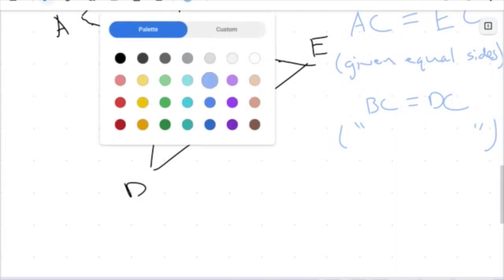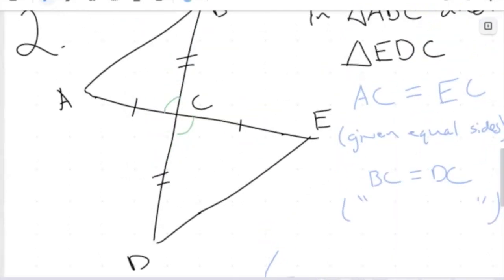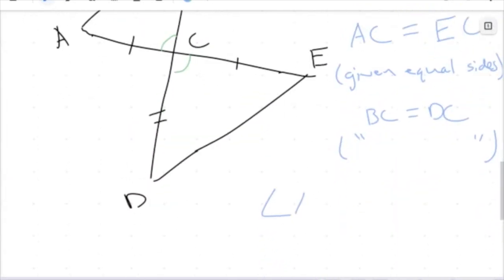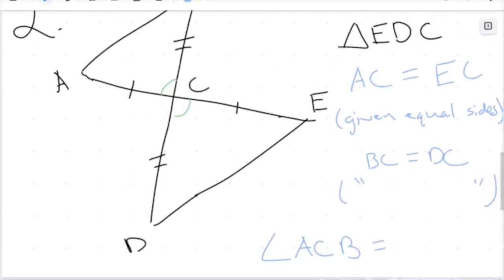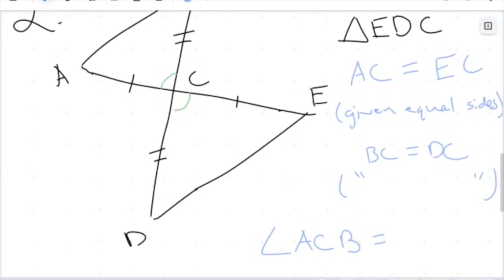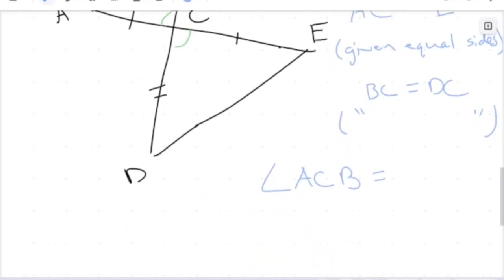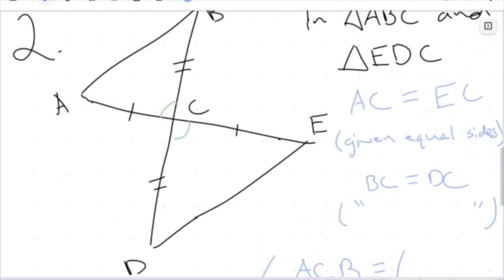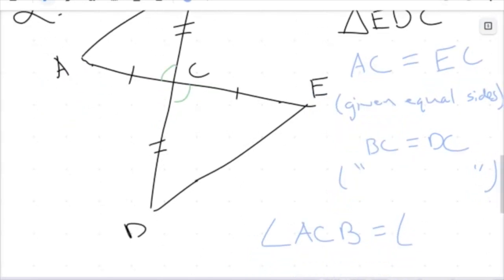So I can state that my angle, I'm going to call this ACB, because remember, my pointy bit where the angle is, that letter always goes in the middle. Now that is equal to picking the corresponding point to A, which is E. I'm going to say this is equal to ECD.